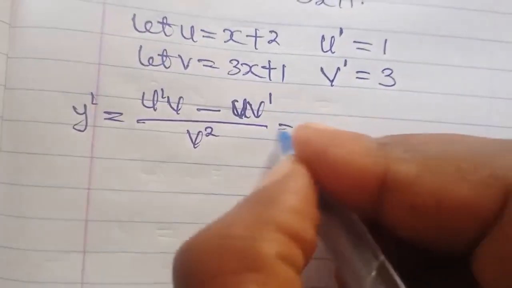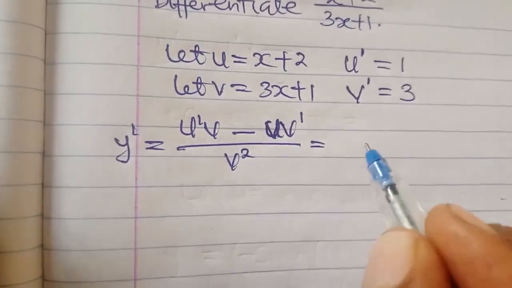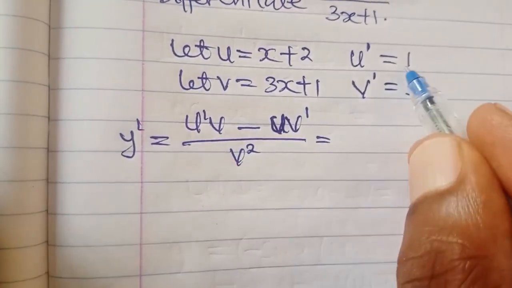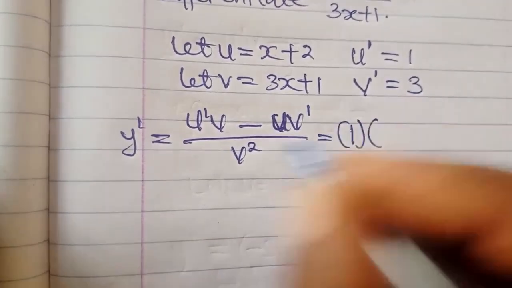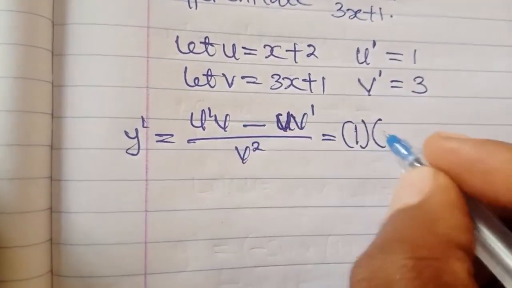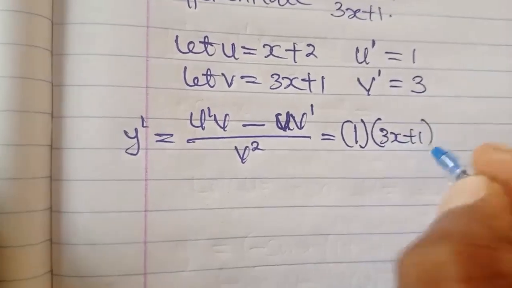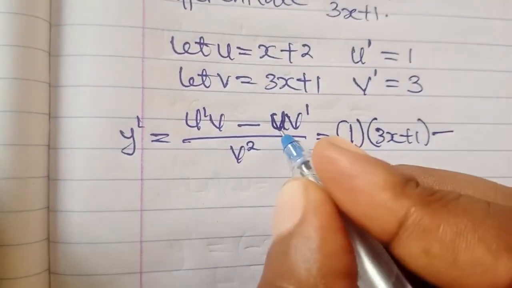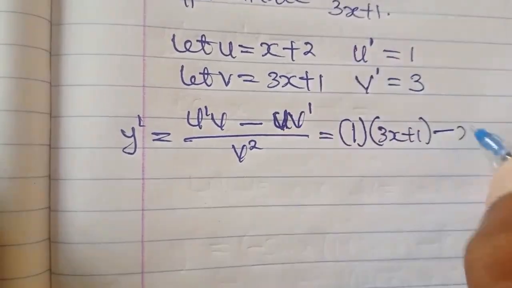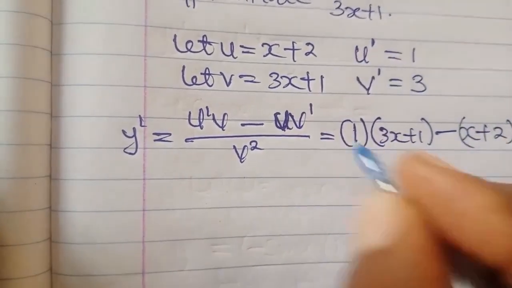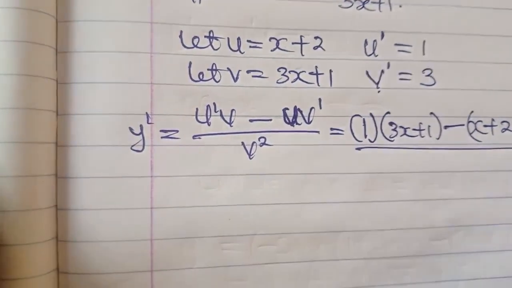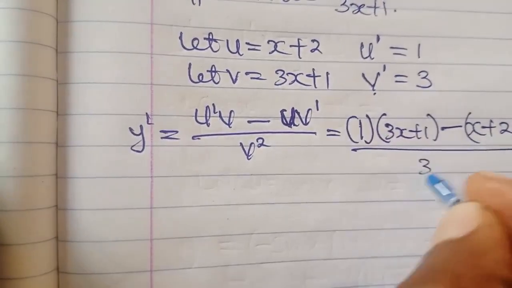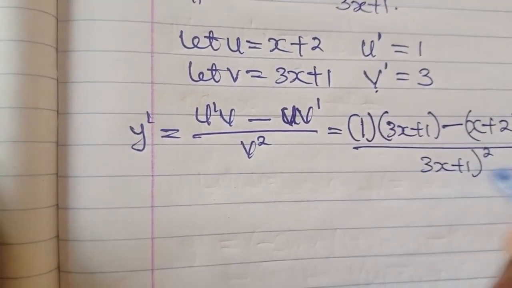Plugging it in, we have 1 times v being constant, 3x plus 1, minus u being constant, x plus 2, v being differentiated, 3, all over v squared, 3x plus 1 all squared.